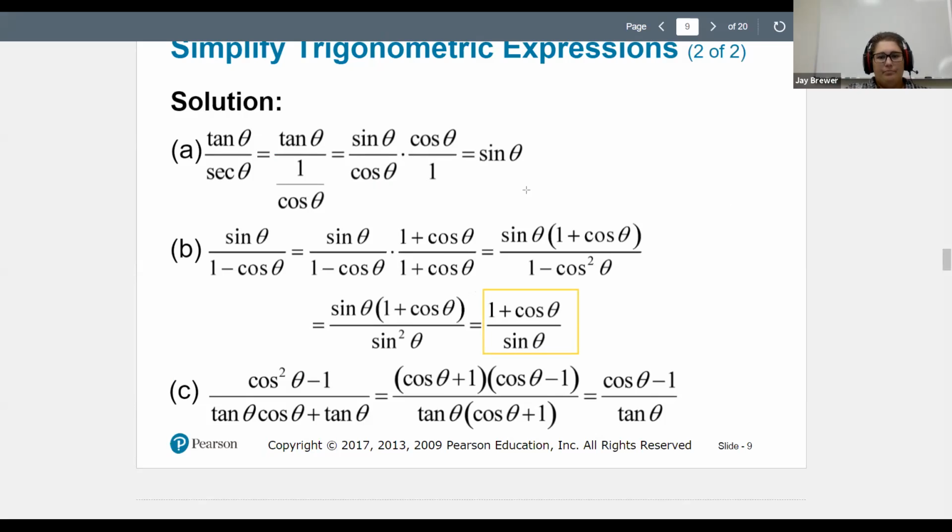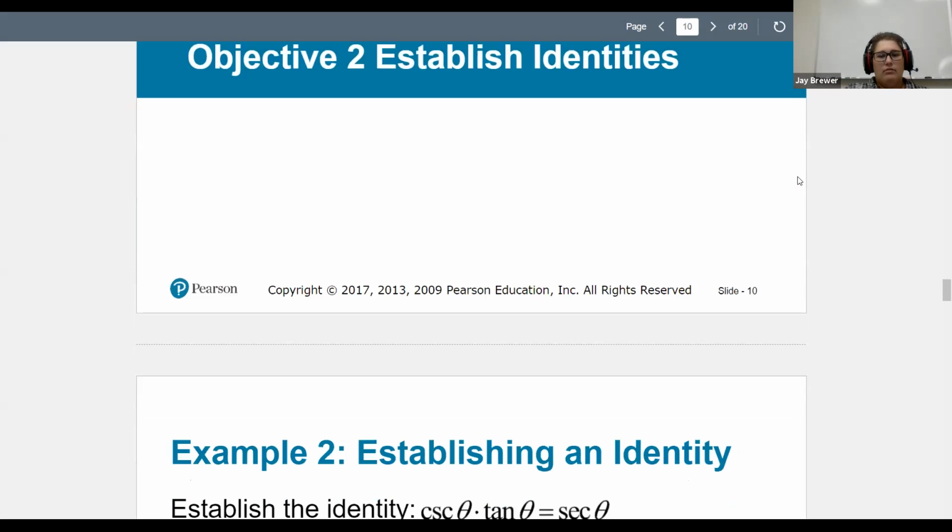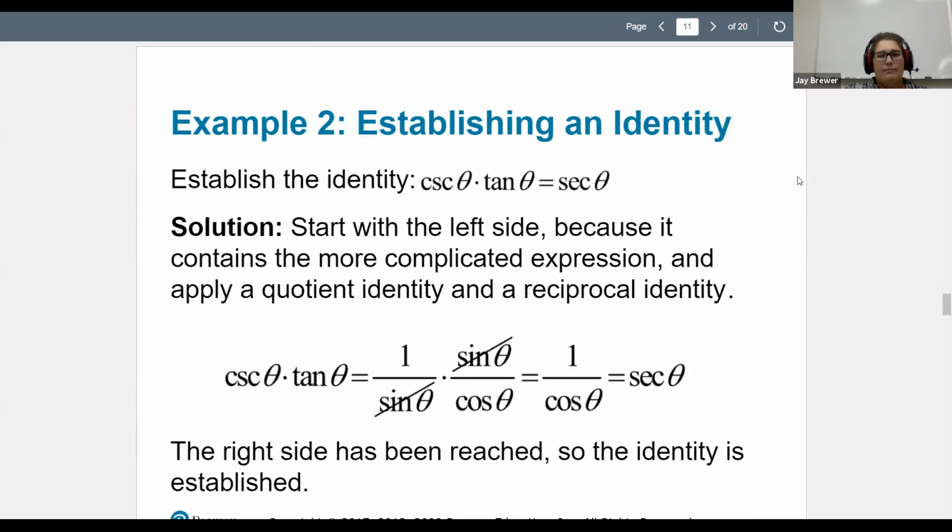Okay? And then for number C, they factored on top, they factored out a GCF on the bottom, they crossed out, and they got to where they wanted to go. All right? Any questions with A, B, and C? Can you follow what they were doing? Okay? You'll have to do it yourselves, so hopefully that's a yes.